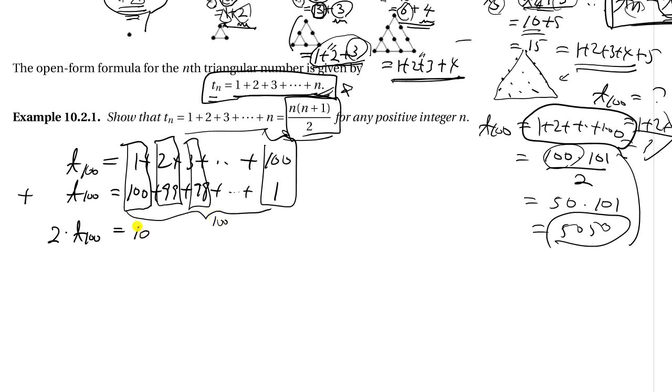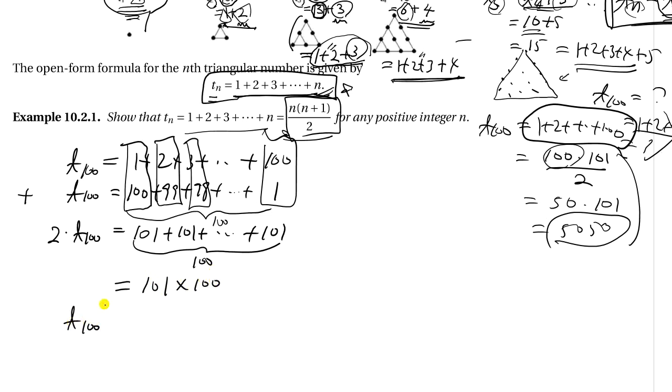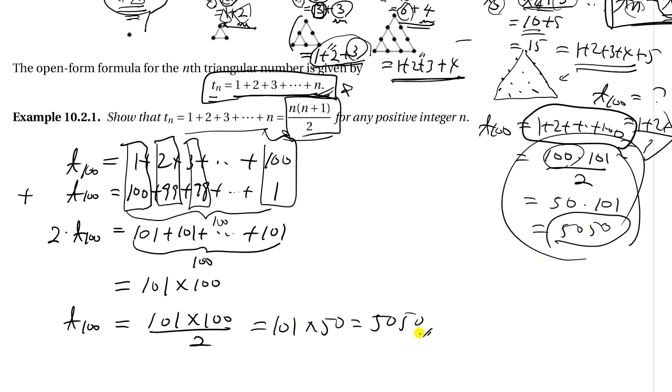So it's 101 plus 101 plus up to 101, and there are 100 of them. So altogether, it should be 101 times 100. So T100 must be 101 times 100 divided by 2. Then we got this result, exactly.